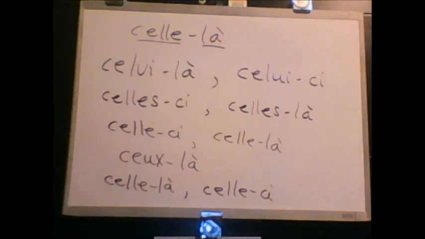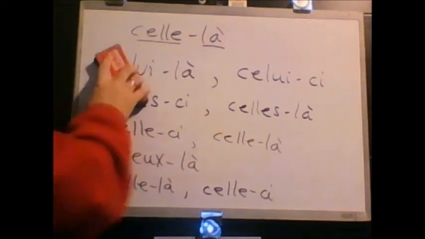Numéro 7. Je vous conseille de lire ces 2 livres. Celui-ci est très intéressant, mais celui-là est plus instructif. So as you look at those and figure out which ones you need there, let me erase here so we can put the rest of these up. Okay, so I advise you to read these 2 books.